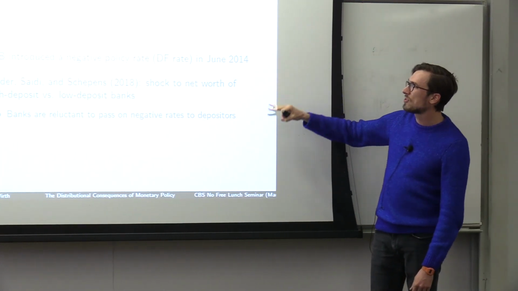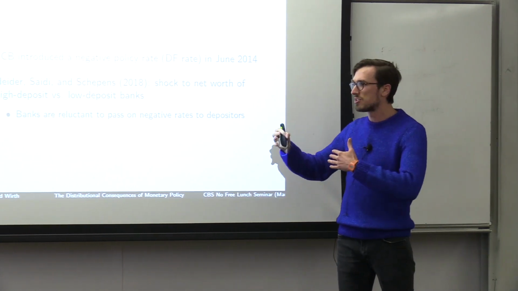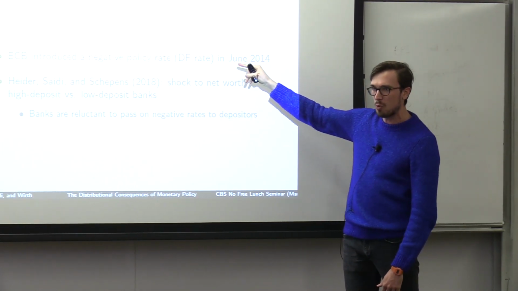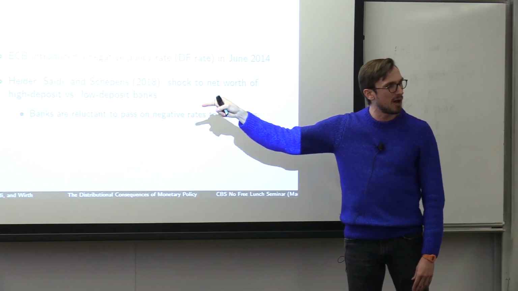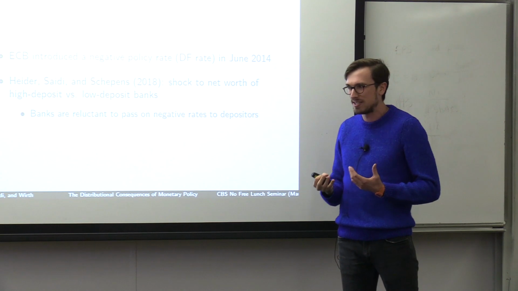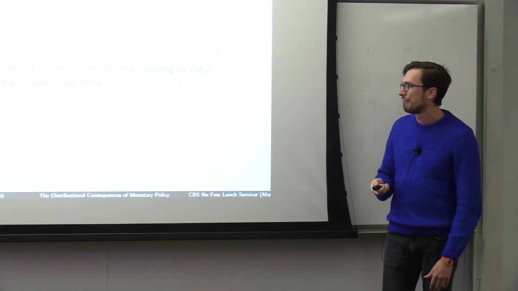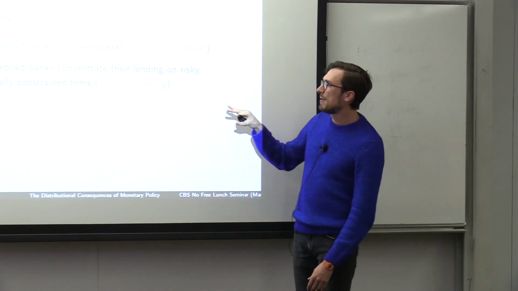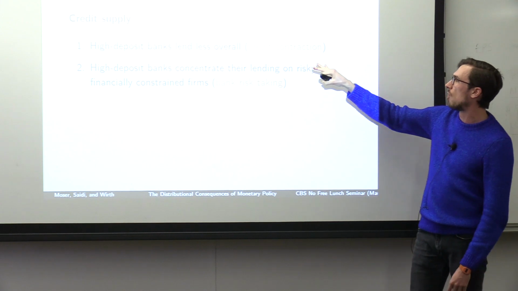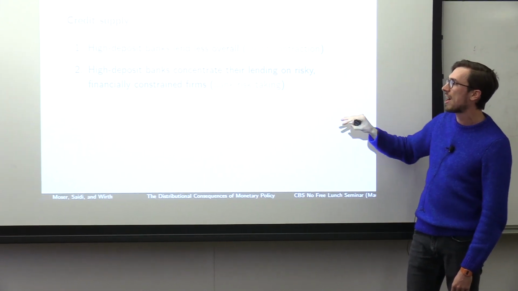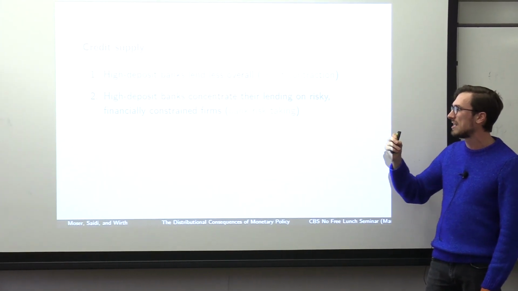So that's sort of this quasi-natural experiment that we want to exploit here. The fact that all of a sudden, overnight, in the middle of June 2014, some of these banks now have to pay for their deposits, which makes it differentially likely for them to respond by giving or not credit. Now, what's the big idea? High deposit banks, we find, lend less overall. That means there's a credit contraction. Remember, those are the banks that need to pay for the deposits overnight.